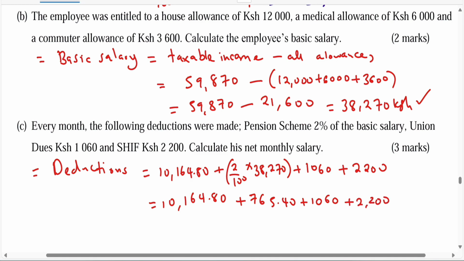Okay, so 10,164.8 plus 765.4 plus 1060 plus 2200 gives us 14,190.2.